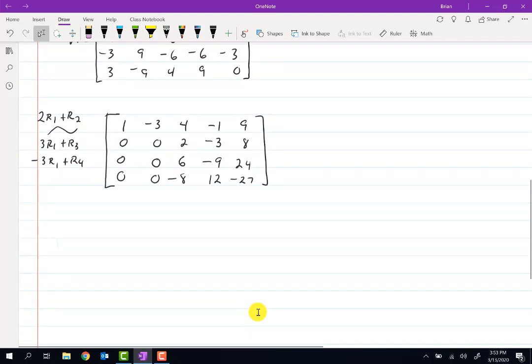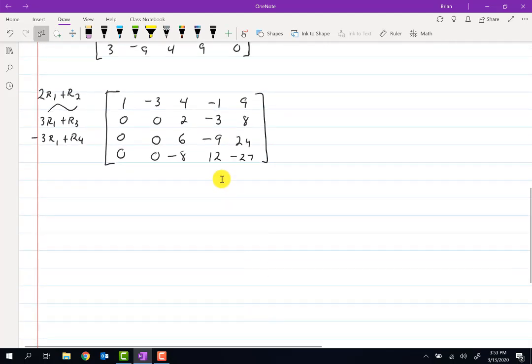All right, next I'm going to use this 2 right here to wipe out the numbers above it and below it. So to do that, I'm going to do negative 2R2 plus R1. And then I'll do negative 3R2 plus R3.